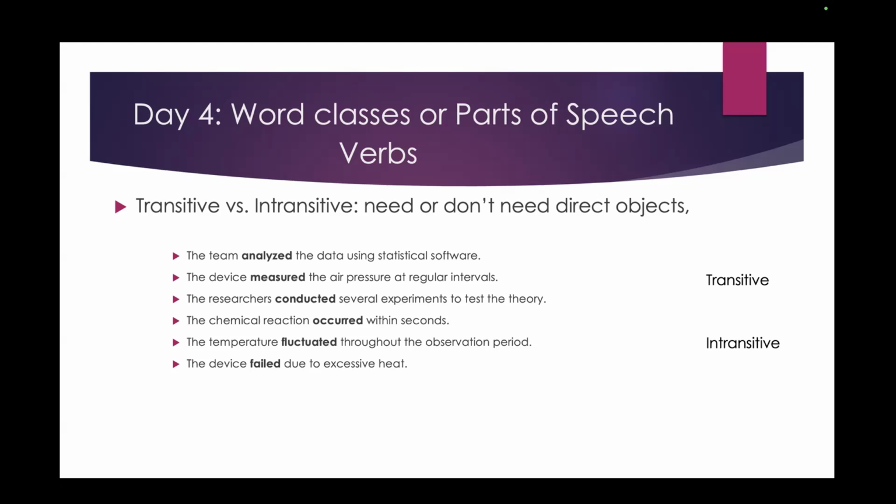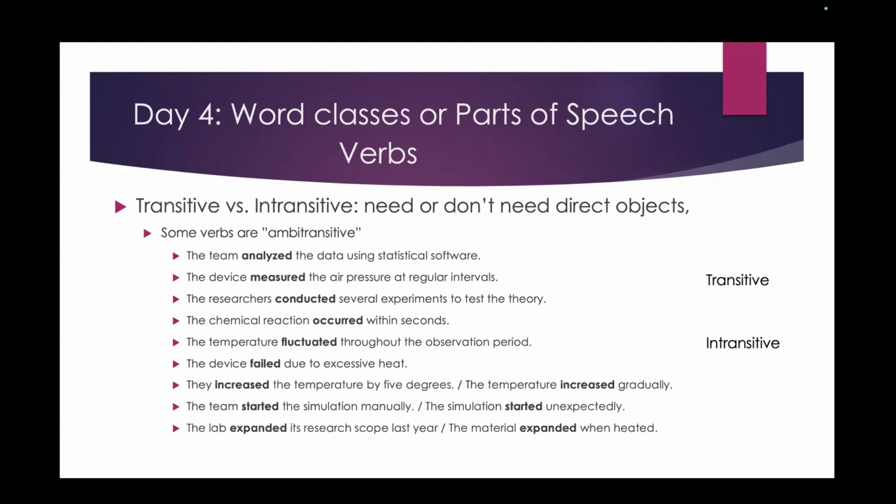But there are also verbs that can function as transitive and intransitive, or can be used in a transitive way and in an intransitive way. And here there are some examples. So: they increased the temperature by 5 degrees. Is this a transitive or an intransitive way of using the verb?